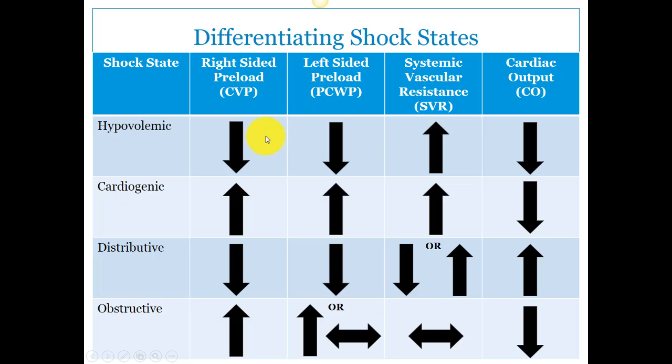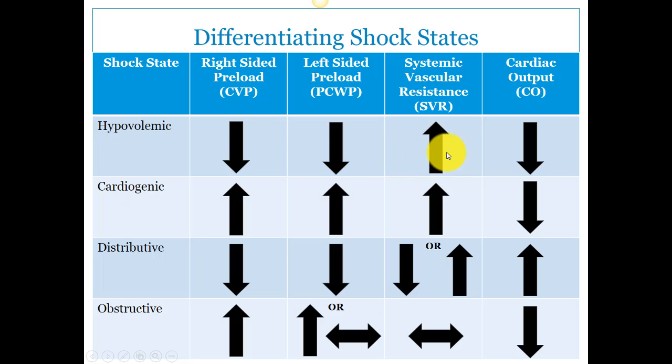So left and right-sided preload will be reduced. Now, when we get to afterload, because we have a reduction in the amount of volume as a compensatory mechanism, the vasculature distal to the left ventricle is going to constrict, increasing afterload or increasing systemic vascular resistance.